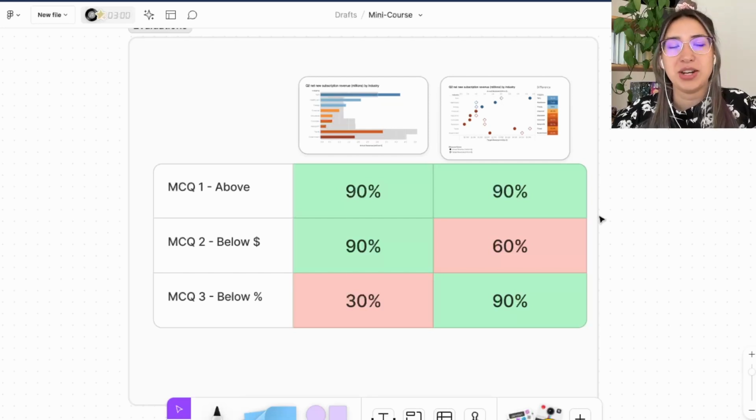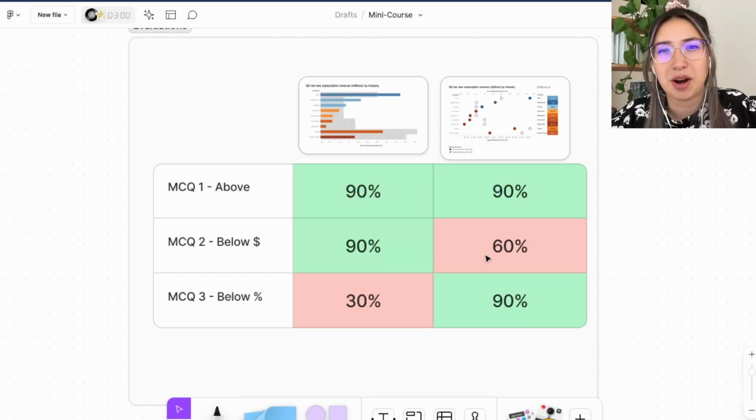One more thing that I'll mention is you can use these results to iterate and use them as feedback to redesign these graphs. So maybe we see that this design is pretty good, but it's still not up to par on multiple choice question number 2, which is the net dollar amount below target.